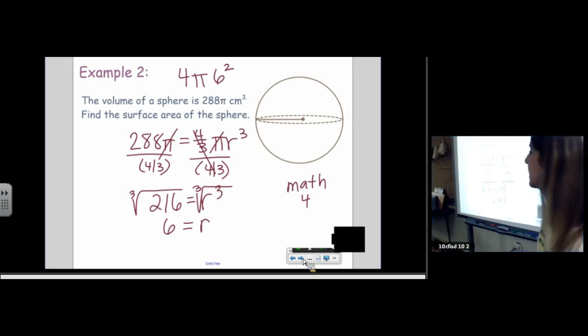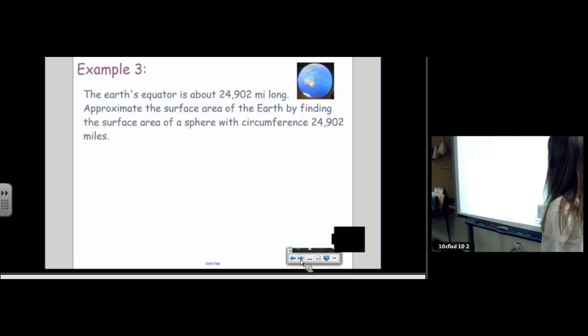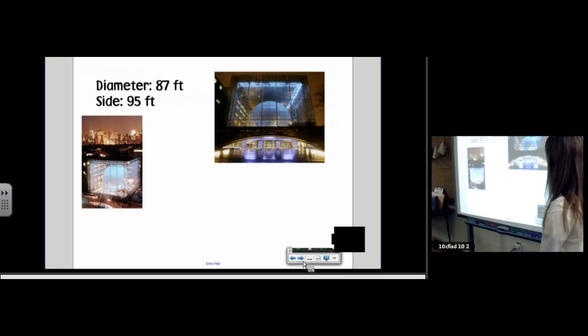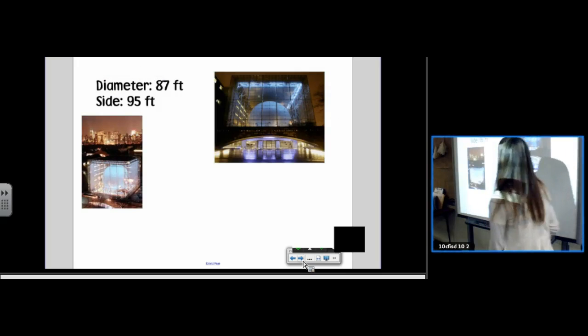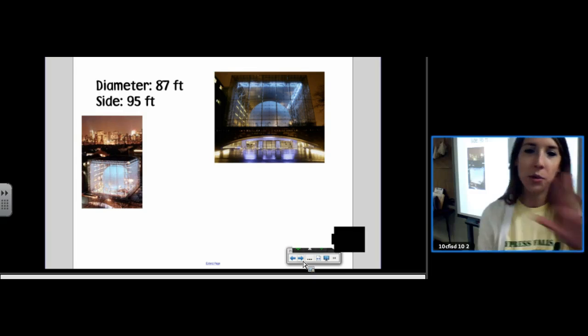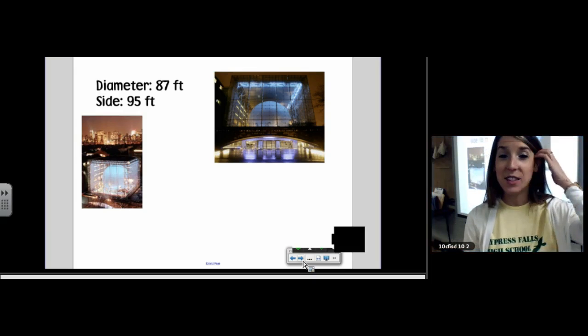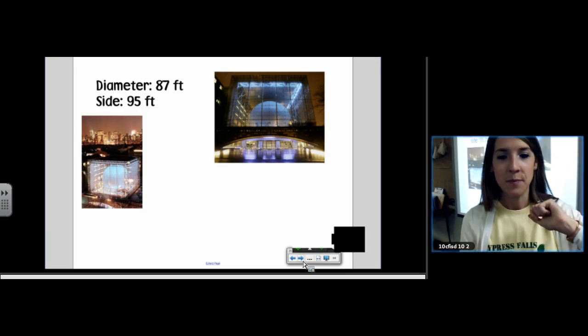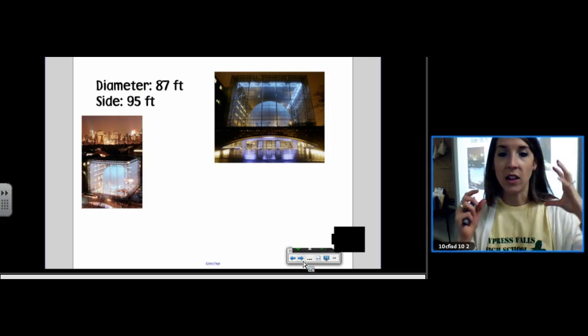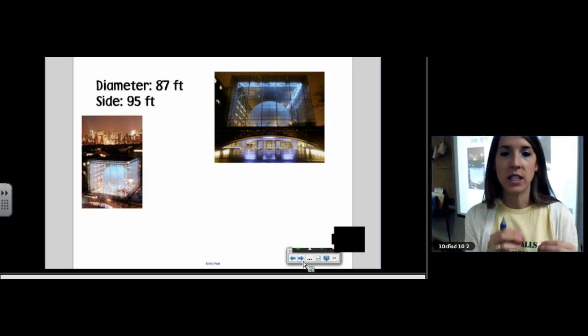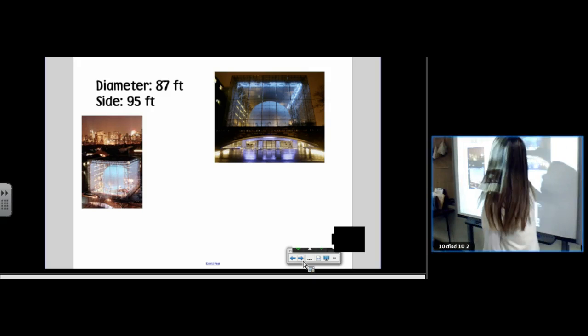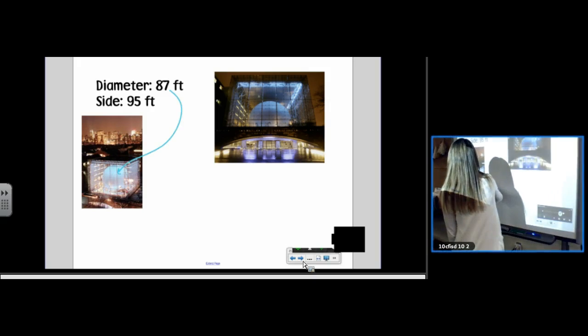Okay, last problem. I wanted to do a problem with a Hayden sphere. So this morning I just Googled it really quick. These are the real dimensions. The Hayden sphere is a glass cube with a sphere inside of it. So the diameter of that sphere is 87 feet.